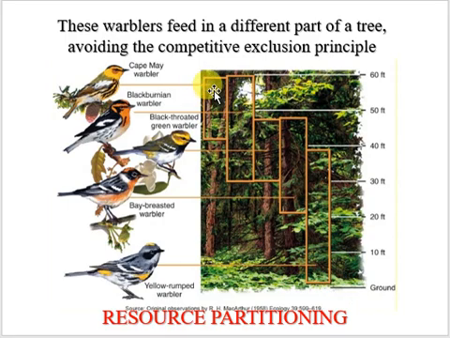So by foraging and occupying different regions of the forest strata, these species can coexist. That's resource partitioning, right? This entire region is the fundamental niche, but these species, in an attempt to coexist, will only occupy parts of the available resource, or partition the resource, in order to coexist.